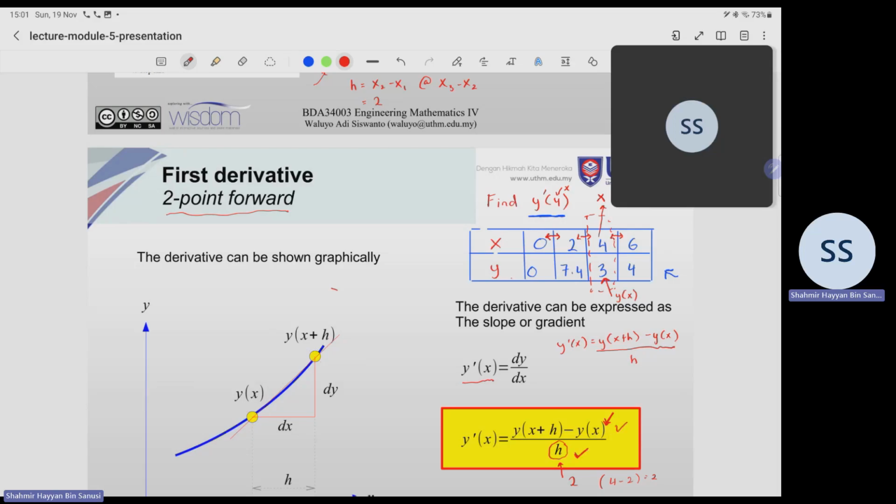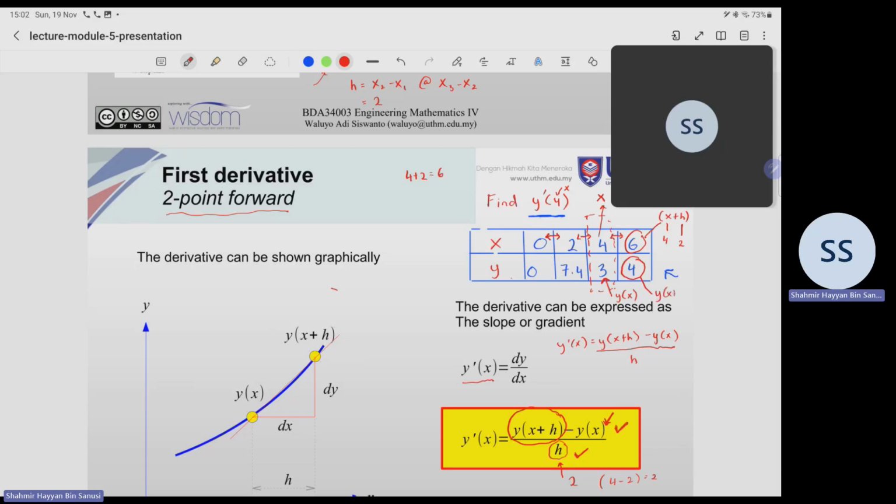We have already got the value of h and the value of y(x). The rest is y(x plus h). If our x is 4, then x plus h is 4 plus 2, which is 6, because our x value just now was 4 and our h value is 2. To find y(x plus h), we take the corresponding y value of 6, which is 4.